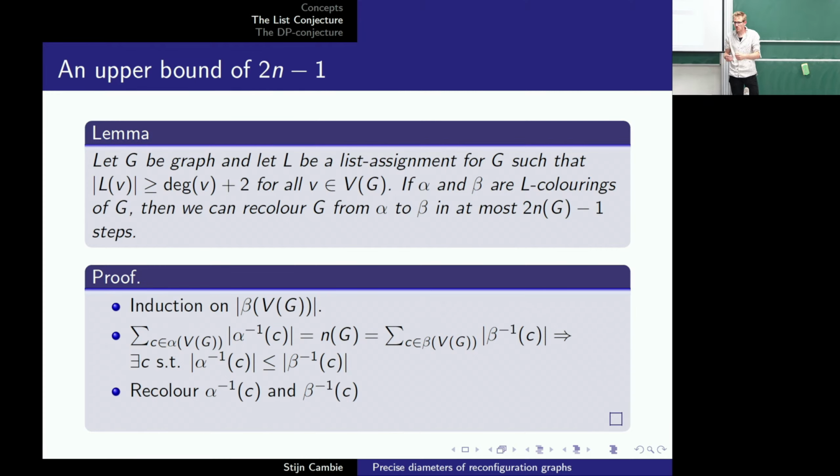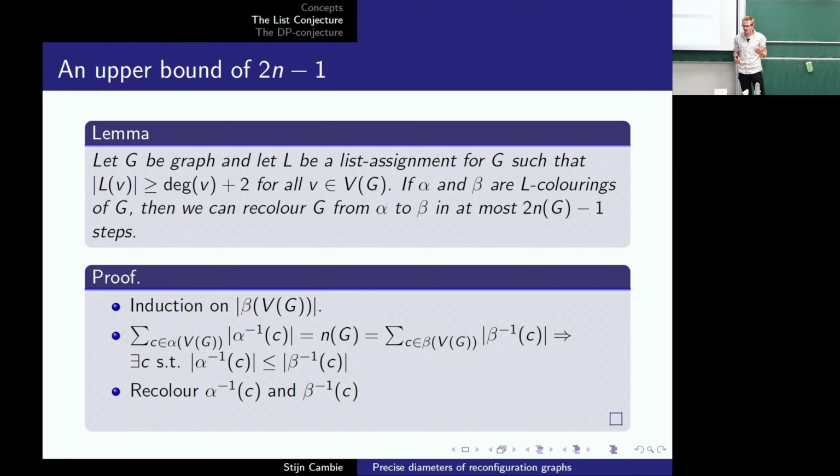So for example, if color 1 appears 5 times under alpha and 7 times under the coloring beta, then what we will do is we recolor those 5 vertices under alpha. Every vertex has degree v neighbors. Okay? And the list has size degree v plus 2. So at most degree v colors are forbidden, and we forbid our color 1. So there is one remaining color, so we can recolor these 5 vertices so that color 1 is not present.